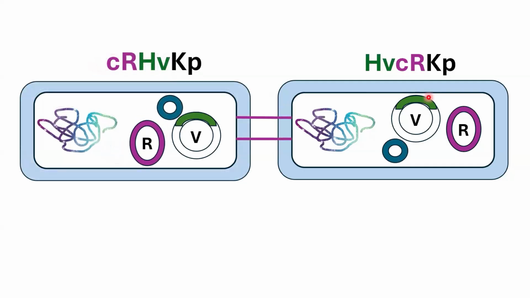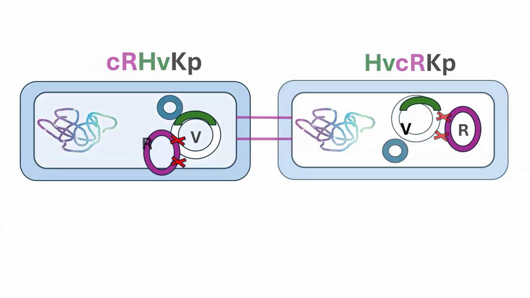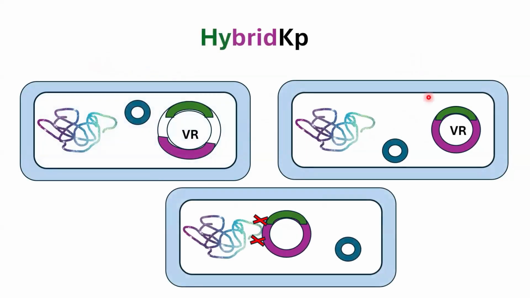Then in the last 10 years, these resistant plasmids have spread, virulence plasmids have also spread, and because of the high frequencies of homologous recombinations and site-specific recombinations in Klebsiella, this has generated a so-called hybrid plasmid, which we also call convergence of virulence and resistance.